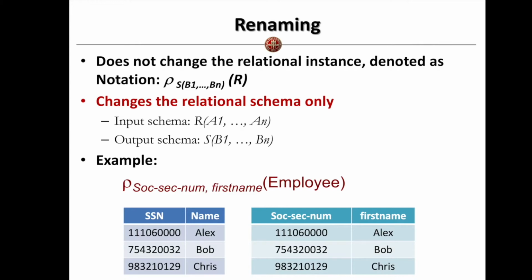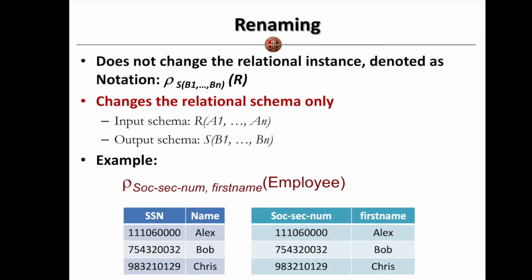Let's assume we're still working on the employee table. For the employee table, we have 2 attributes, the SSN and the name. However, later on we find that this relation is not very good, and we plan to make some changes to it. We can do the changes by using renaming, right?